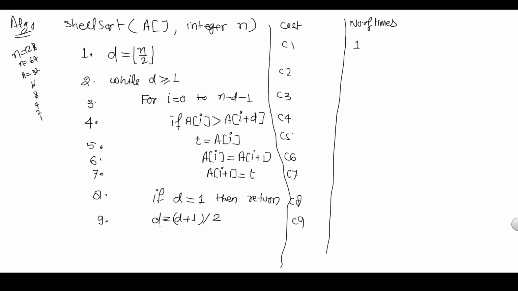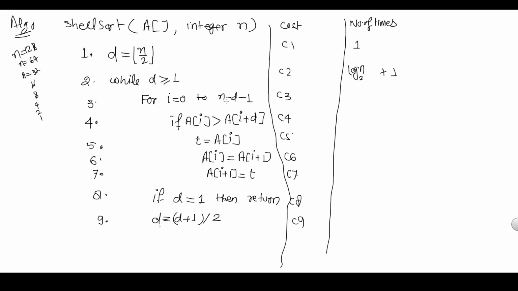So this statement will execute log of n base 2 plus 1 times: 1 time for the false value and log n times for the true values. All the statements inside this will execute depending on this. This for loop will execute depending on the value of d.